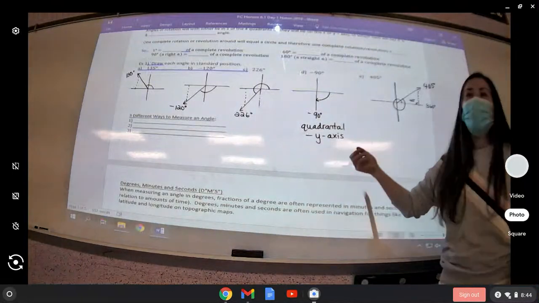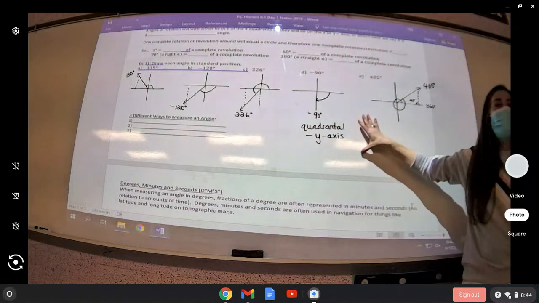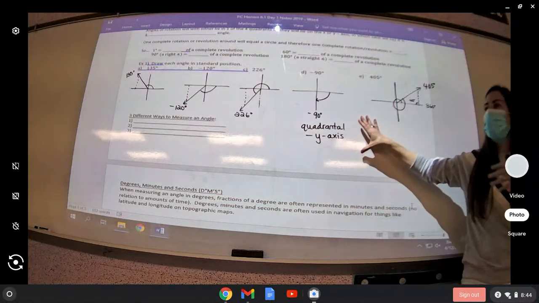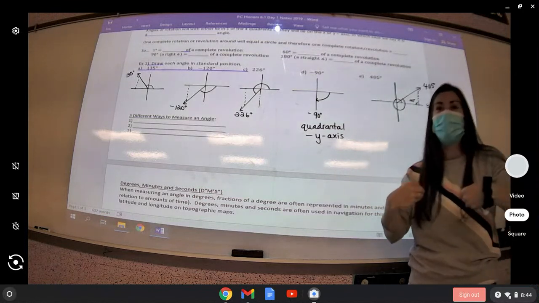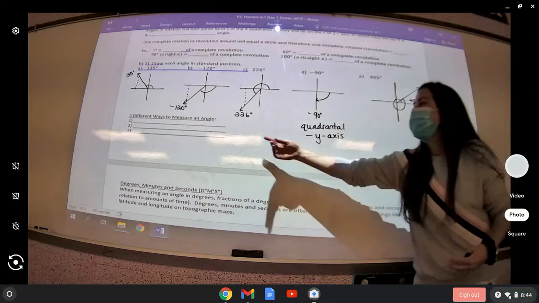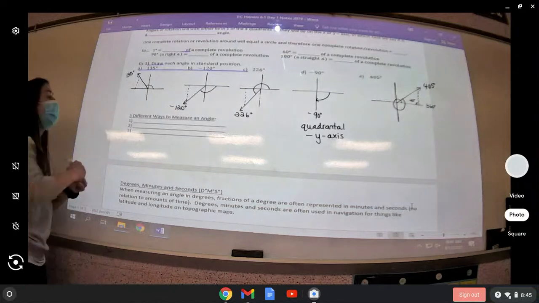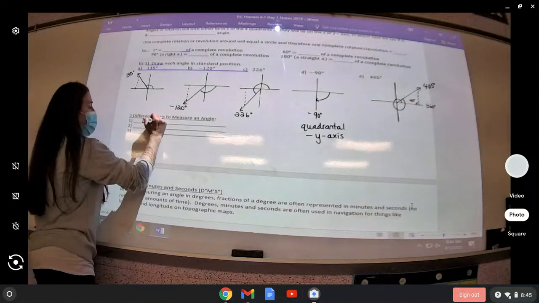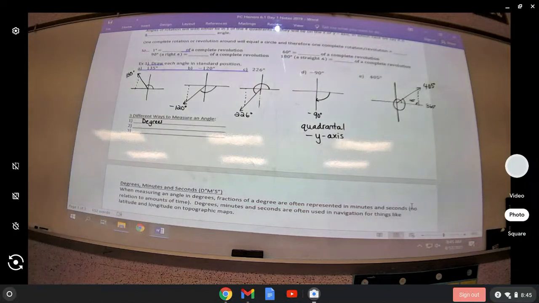Okay, so now I need you guys to understand that in the world of math, when you're dealing with measuring angles, degrees, even though it's probably the most comfortable way for us to measure an angle, it's not the best way when we're doing a math problem. So it's not the only way to measure an angle. So, different ways to measure an angle. Yes, we can measure an angle in degrees like we all love and know and are nice and warm and fuzzy and comfortable with.